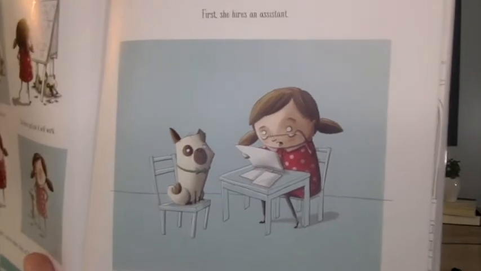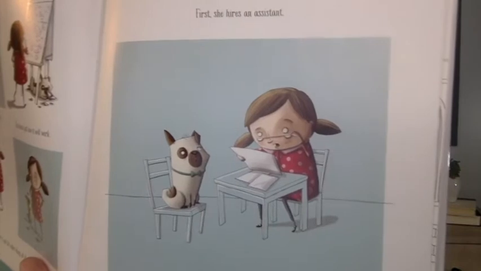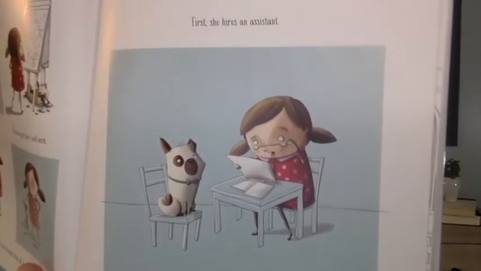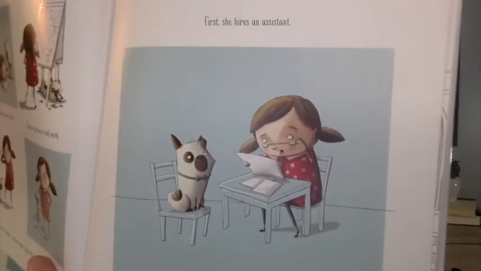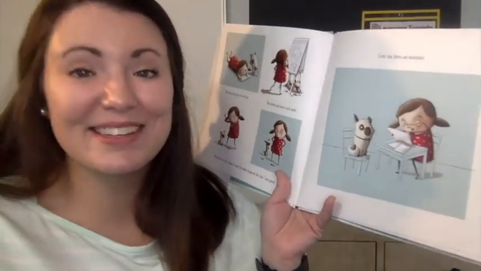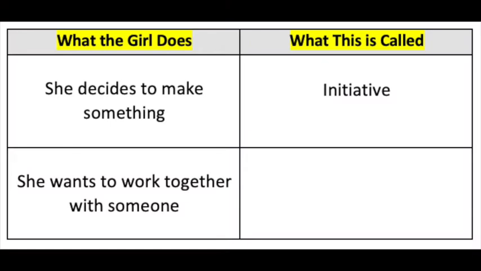What is the girl doing on this page? It sort of looks like she's interviewing her dog. I think she's interviewing him because she wants to hire him as an assistant. Let's add that to our chart. She wants to work with someone.